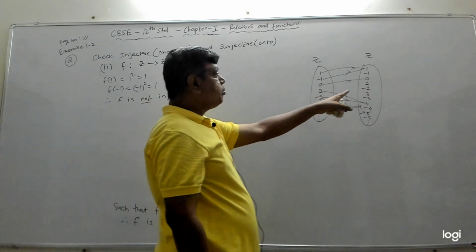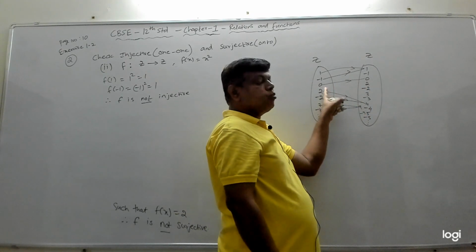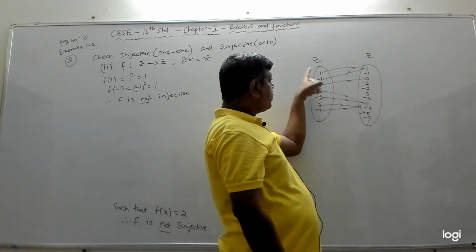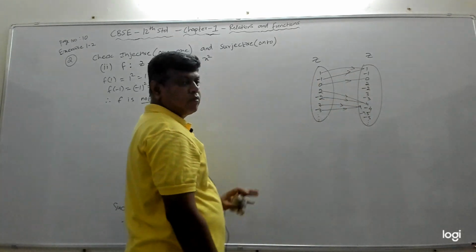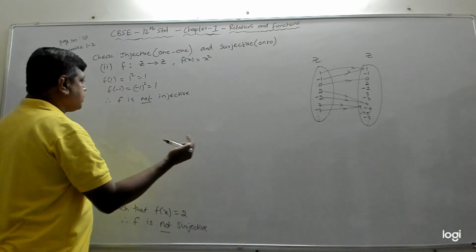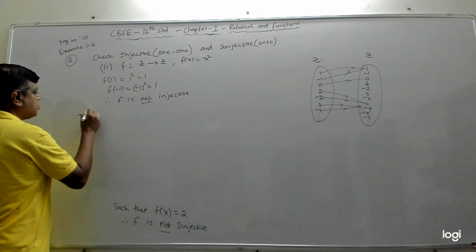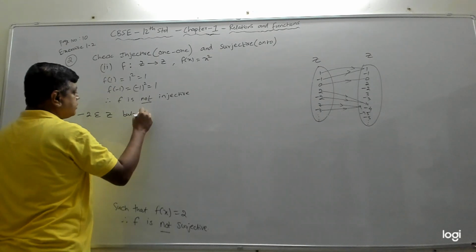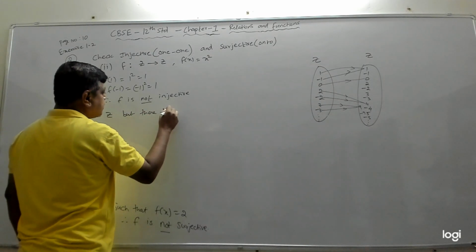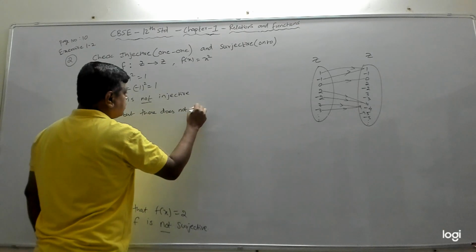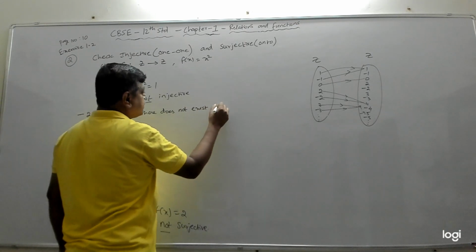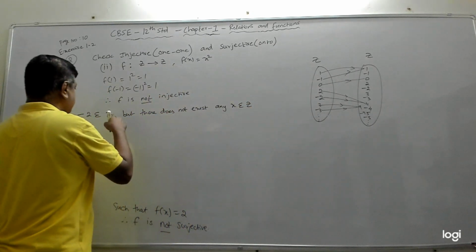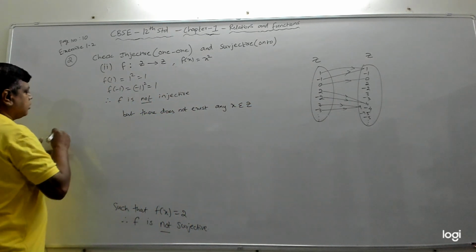Or even 2 cannot be an image because for 2 you should have root 2, and root 2 is not here. So for minus 2, no number here will give you minus 2. We can say minus 2 belongs to Z, but there does not exist any x belonging to Z, and this Z is the codomain.